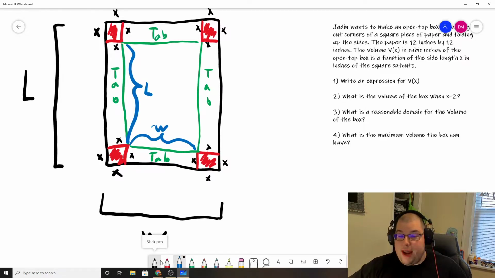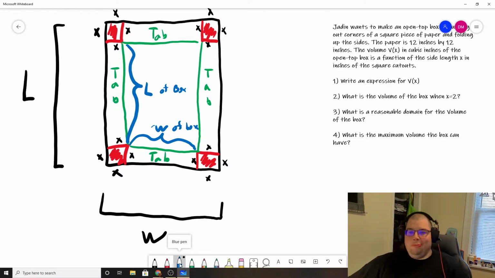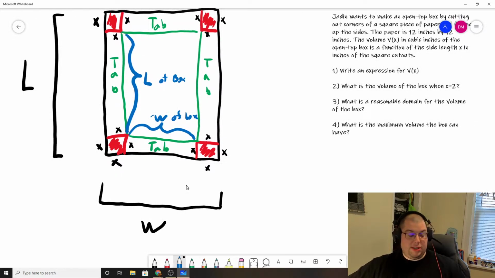So we've got to create, I don't know if I like using L and W again. Maybe I'll just say L of box and width of box. So those blue lengths and widths are the lengths and widths of the actual box, but I want to use the black lengths and widths, because those are the distances I actually know, because that's the size of the paper.